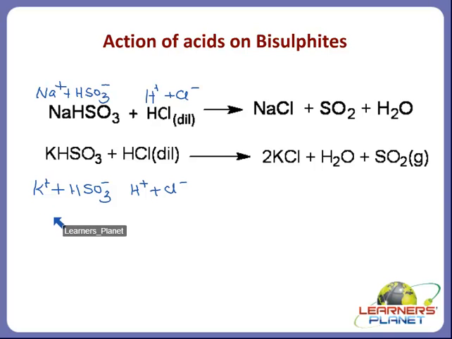Now what all are the things happening? K plus is reacting with Cl minus, forming what? KCl, that is potassium chloride. Okay, students? From this HSO3, what is released is SO2 gas. And finally, there is one hydrogen, oxygen, and again a hydrogen ion, and it is forming what? Water. Okay, students? So in this way the reactions proceed.